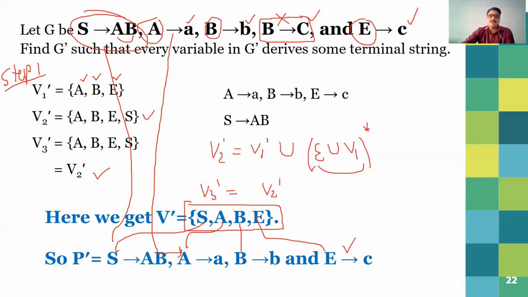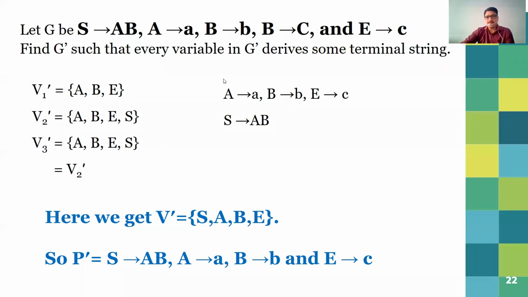So by applying step 1, we can reduce the grammar by one production rule, B to C, because C is a useless symbol in this particular grammar. So we can remove this symbol. I think it is clear. Now, this is step 1 actually.